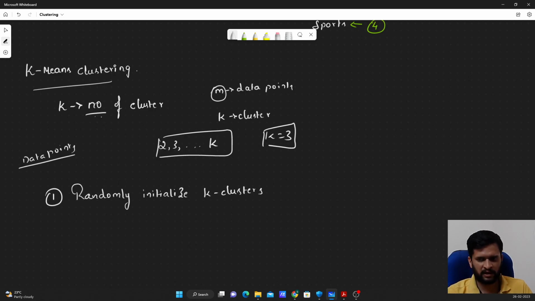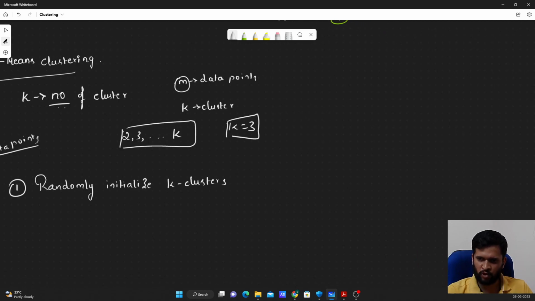Okay, k clusters, these are also called as cluster centroids.